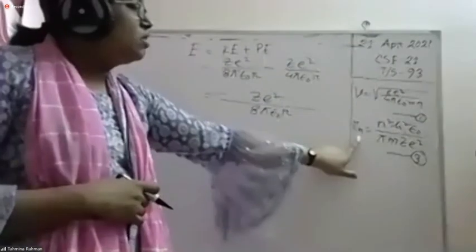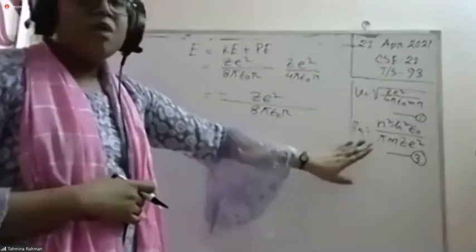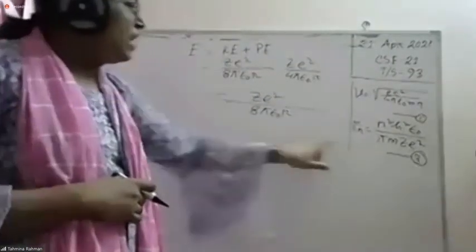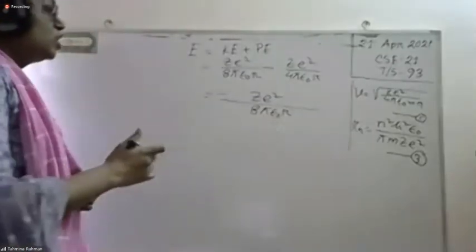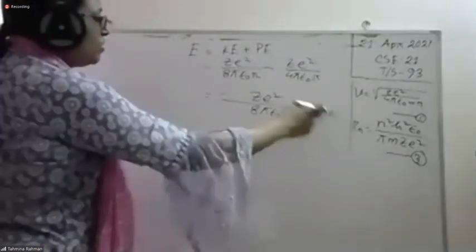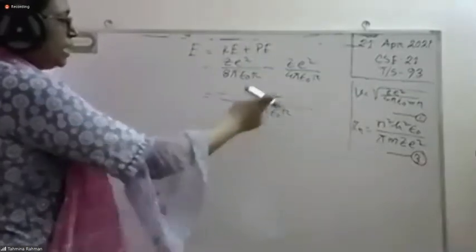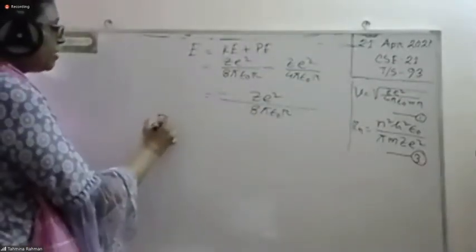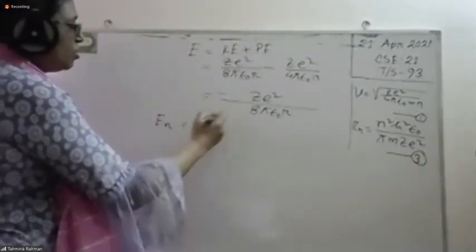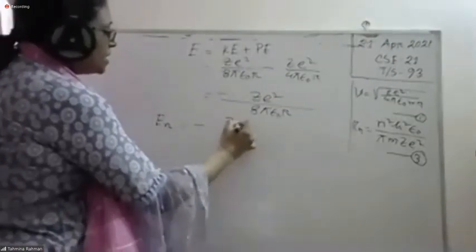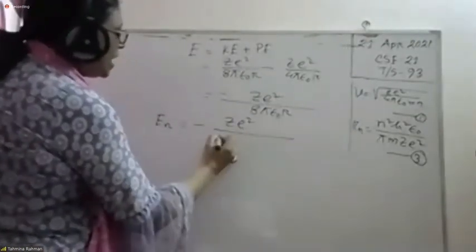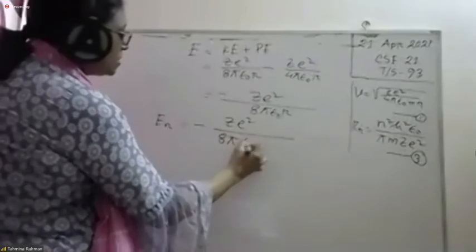See, we found one expression for r. Now our next step is that we put the value of r in this equation. So if we put the value of r in this equation, we can write E equal to minus Z e square divided by 8 pi epsilon naught.